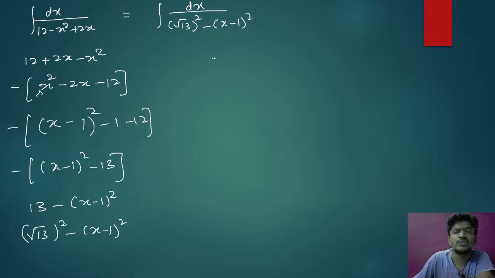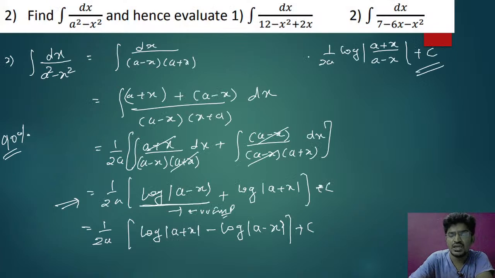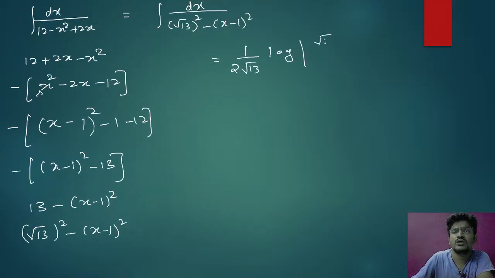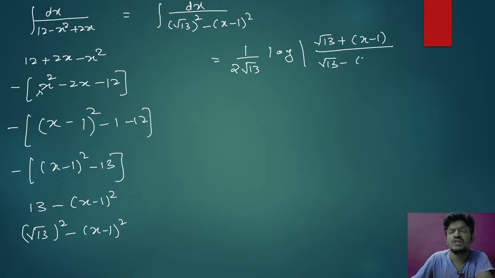So apply that formula, that will be 1 by 2a. a value is root 13, log of mod of, you just see, a plus x, that will be root 13 plus of x minus 1 divided by root 13 minus of x minus 1 plus c.